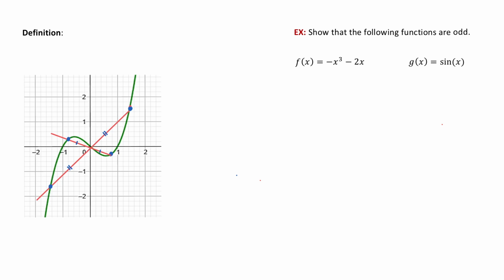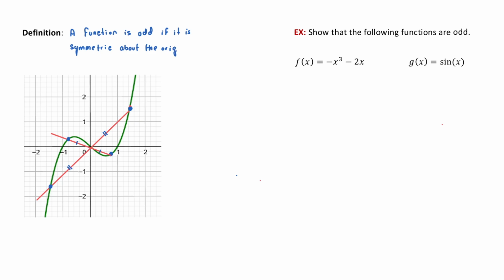All right, so now I'm going to say over here that a function is odd if it is symmetric about the origin.